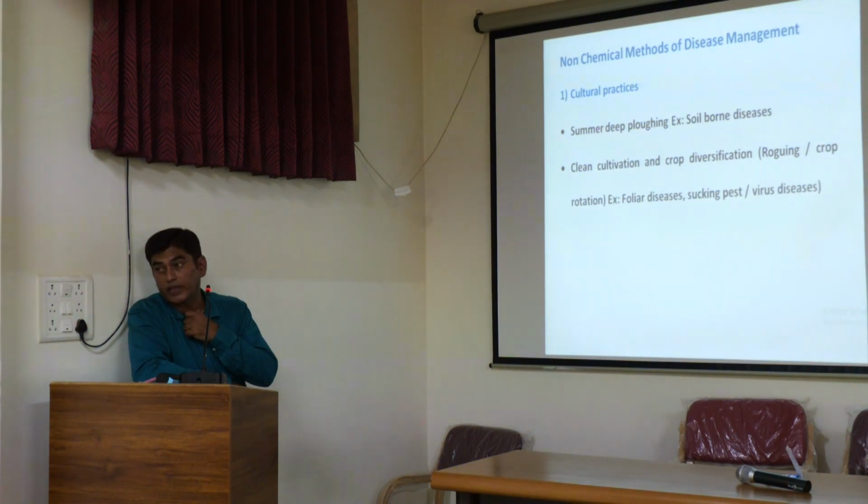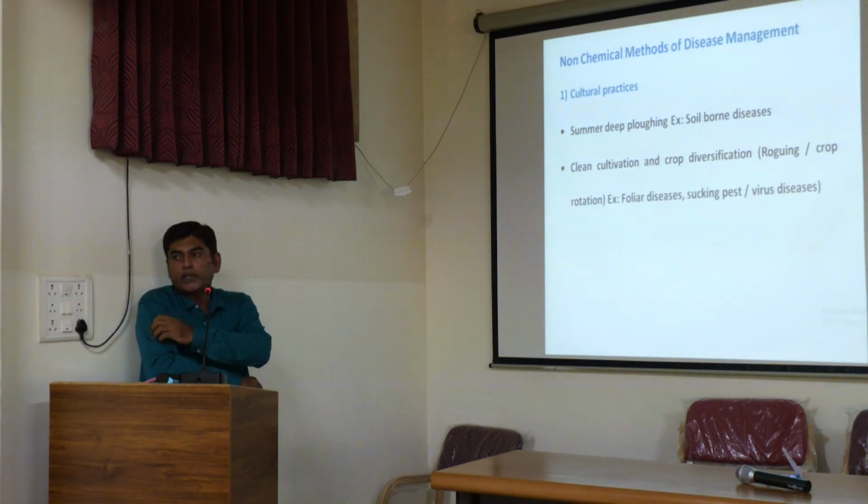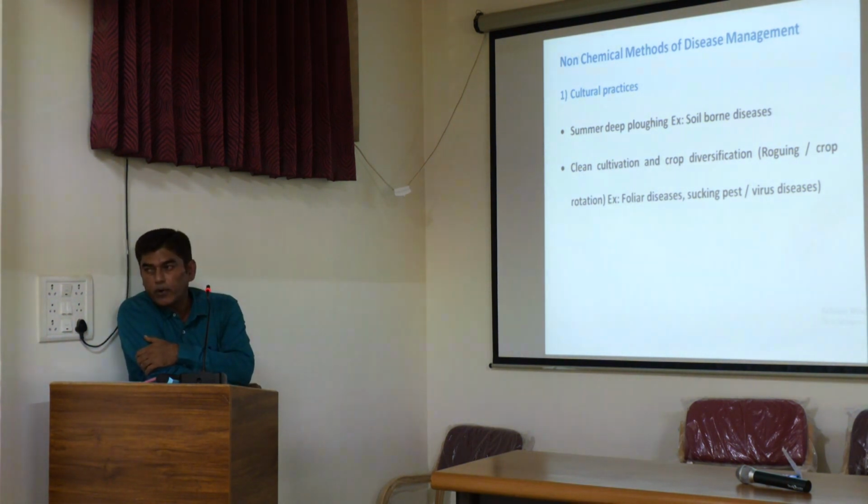It includes all the methods except chemical. Coming to cultural practices, it is one of the major non-chemical methods. As you know, summer deep ploughing is a very important non-chemical practice.